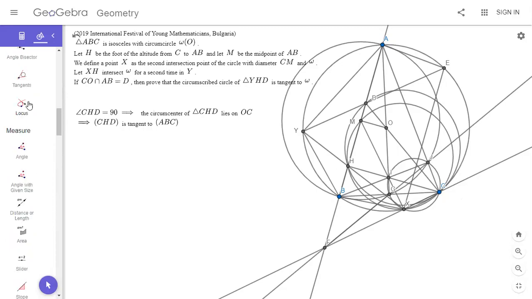That's what you were saying, right? Yeah. And they meet on AB. And then we use power of a point a bunch of times.